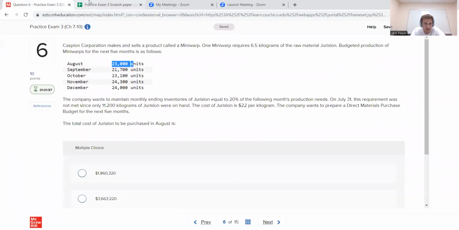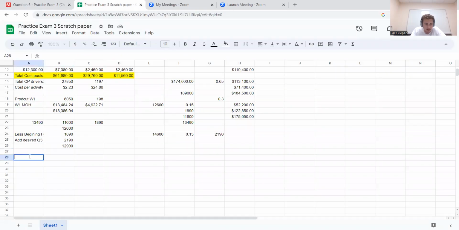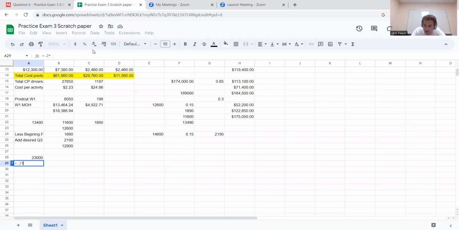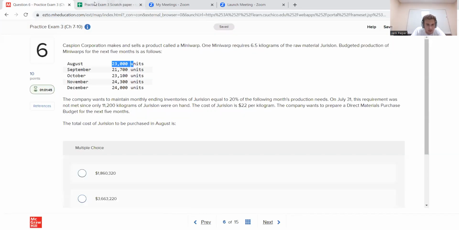So we'll do the August of 23,000 plus the 20% of September, which is 21,700. Yep.